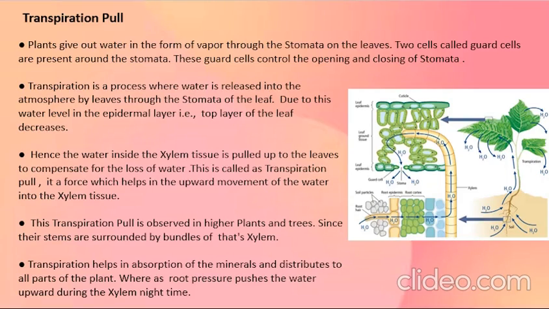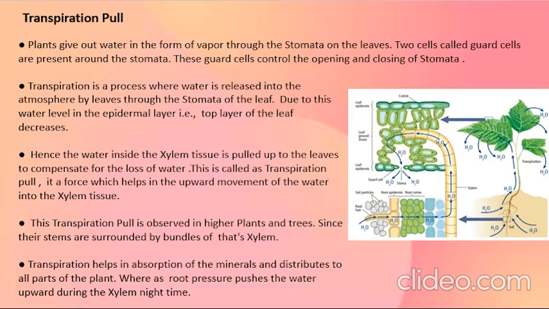Now let's learn about transpiration pull. Plants give out water in the form of water vapor through the stomata on the leaves. Now, two cells called guard cells are present around the stomata. These guard cells control the opening and closing of stomata.